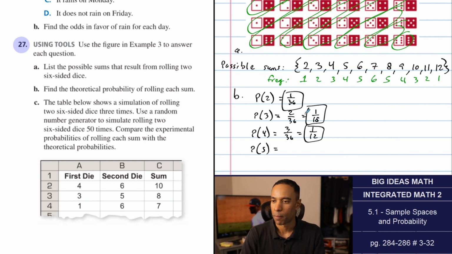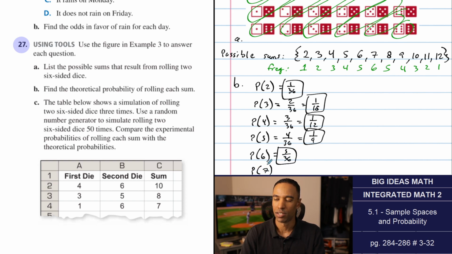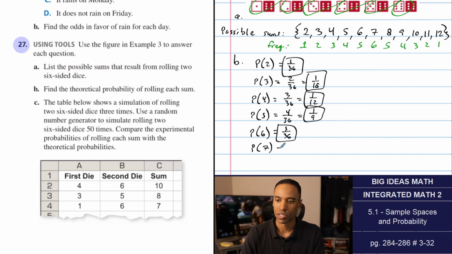Probability of 5 is 4 out of 36, or 1 out of 9. Probability of a sum of 6 is 5 out of 36. That can't reduce. Probability of 7, most likely, is 6 out of 36, or 1/6.